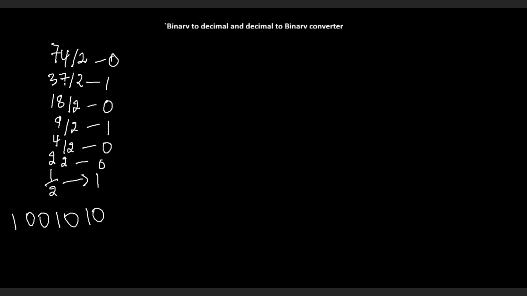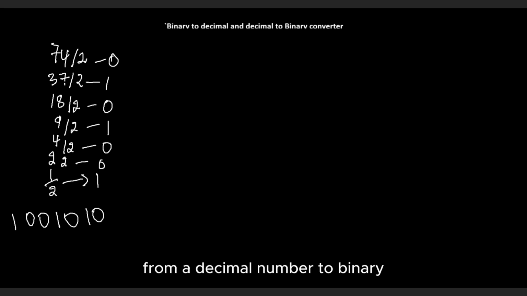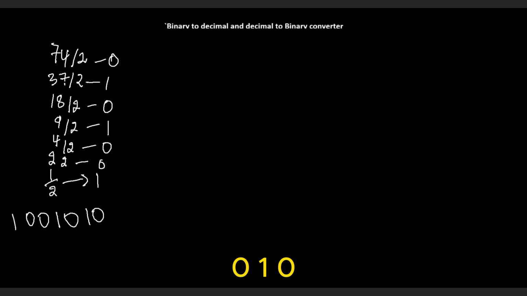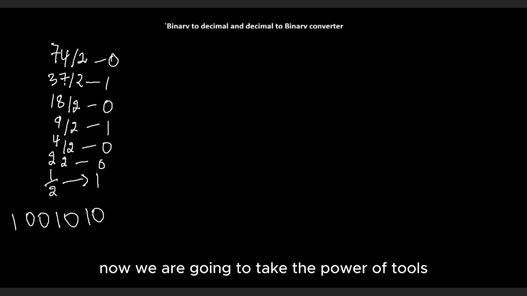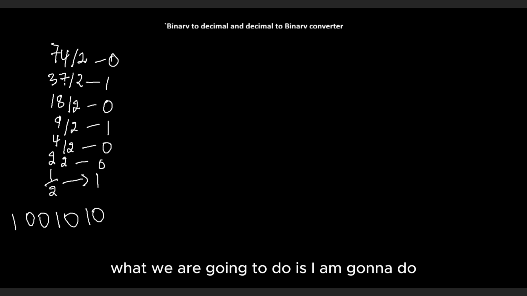Okay, that was one way we can convert from a decimal number to binary. And the binary number of 74 is 1001010. So I'm gonna use the second method we can use. Instead of dividing by twos, now we are going to take the powers of two.